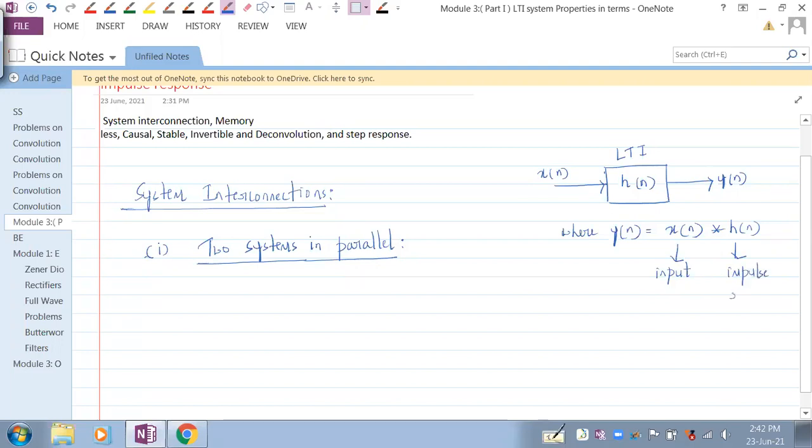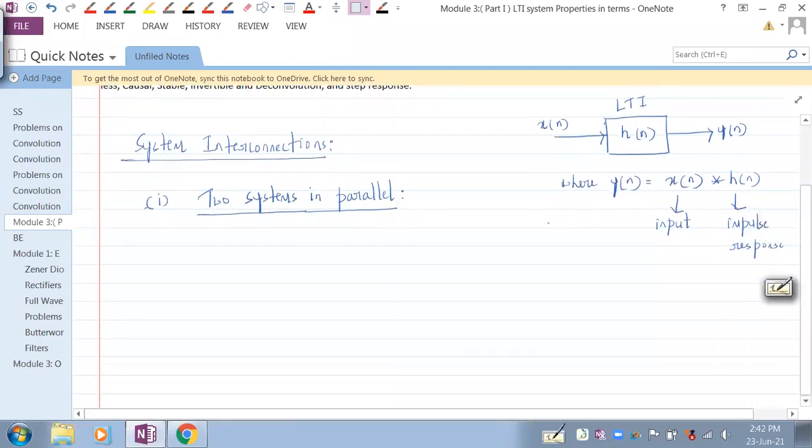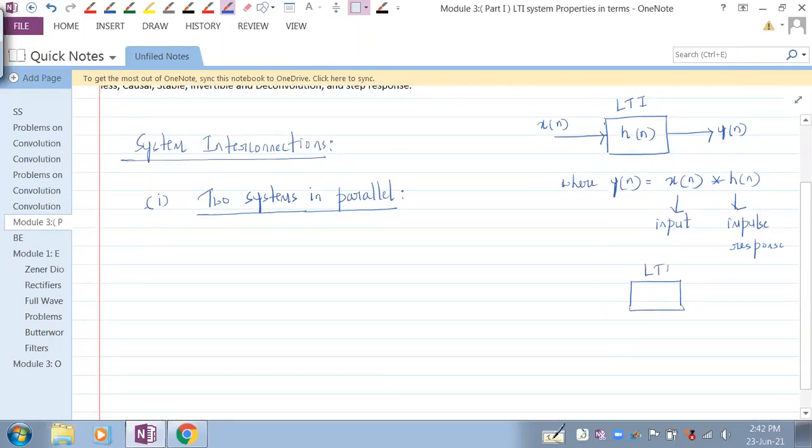What is impulse response? Impulse response is the response of the system when, see here, if you have an LTI system, which can be represented like this, and if you have delta of n as the input, the response to delta of n is the impulse response.